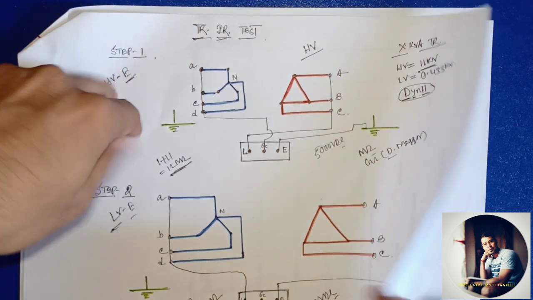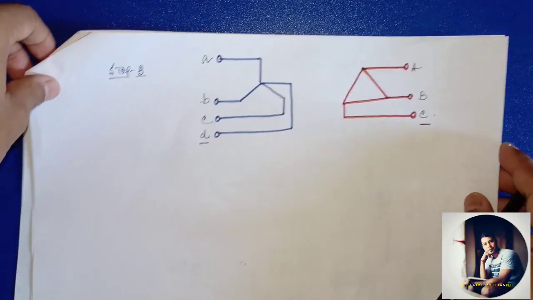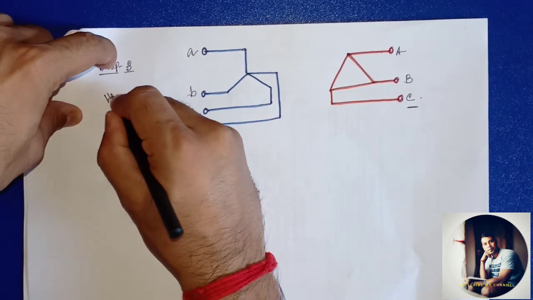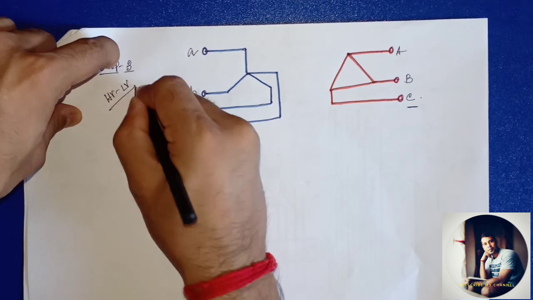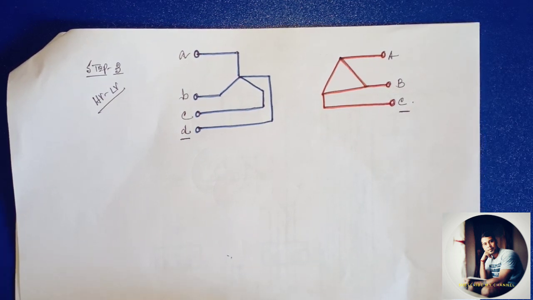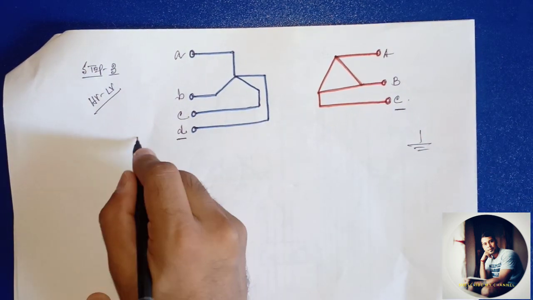And next, HV to LV, that's very important. In some cases the engineers get confused, so to avoid this confusion I must inform you all that in that case I forgot to draw the earth system.